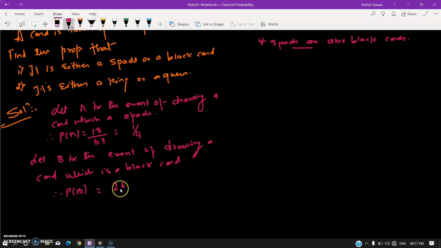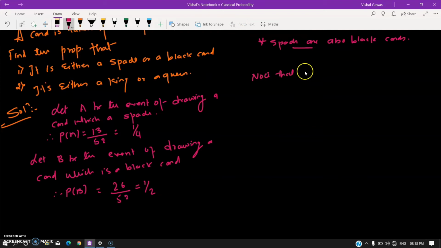Since there are 26 black cards, it becomes 26 over 52, which is equal to 1/2. These events are not mutually exclusive because black cards and spades have something in common between them. So now we need to find the probability of their intersection, that is, the probability of A and B happening together. That means, what's the probability that the card which I pick is a spade and also black?